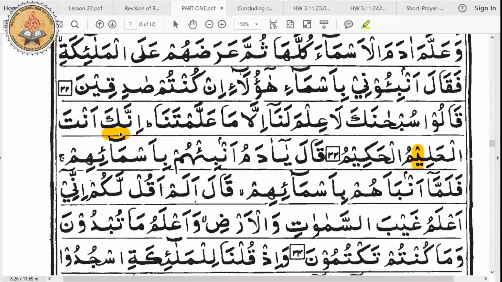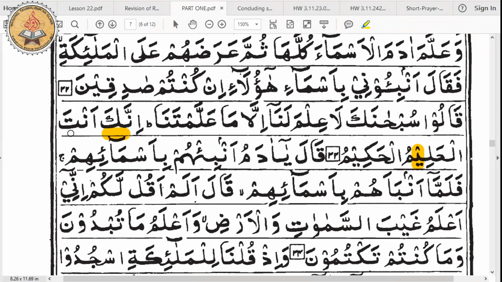Innaka anta antal alim. Anta alim. So it is antal alim. When we're reading in continuation and reading the last word as well, it will be Innaka antal alimul hakim.